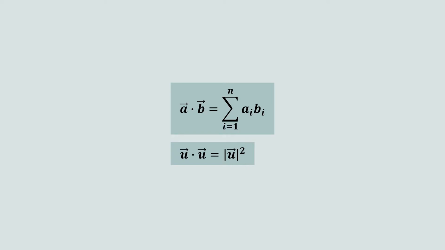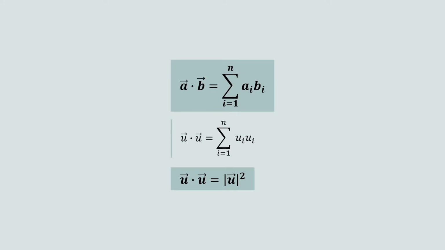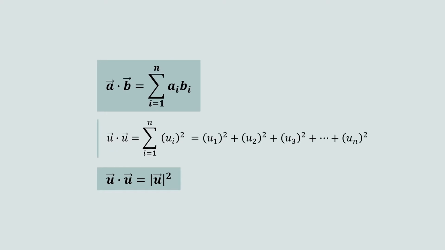Using the definition of the dot product, if we are taking the dot product of a vector with itself, for example u dot u, then that means u dot u equals the sum of ui times ui as i goes from 1 to n, and we could simplify this to ui squared. It may help if we write out this equation in full, like this.